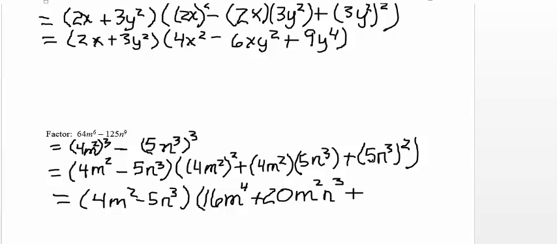Plus, the square of 5 is 25. The square of n cubed is n to the 6. Alright, so you want to really make sure you get practice on this. It is a formula that a lot of times people mess up.